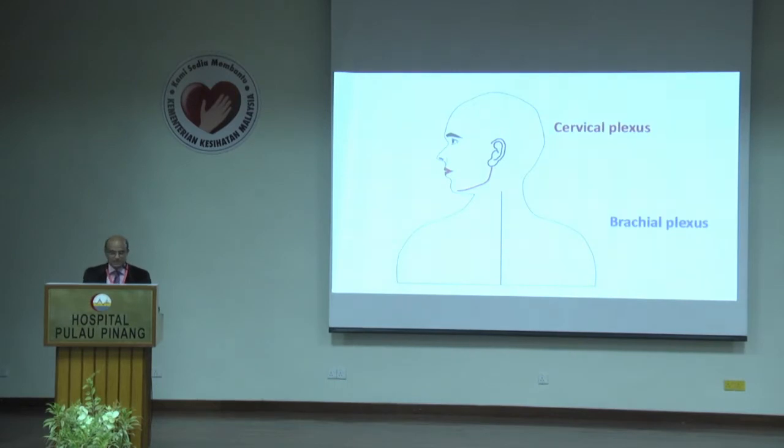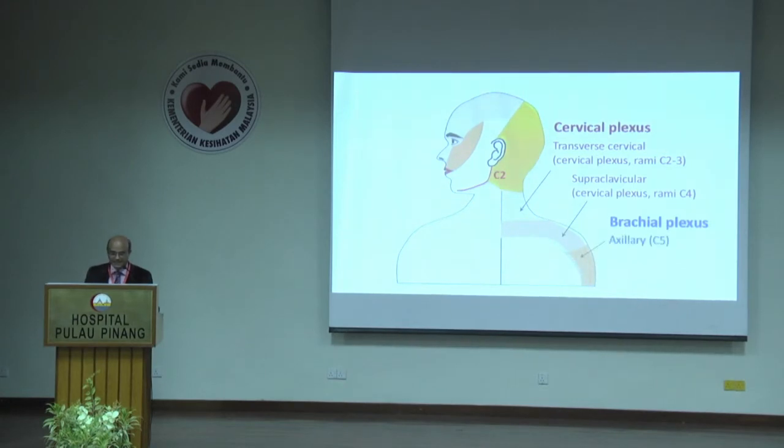Now we have already discussed what the supply of the shoulder joint consists of. But please remember that the shoulder joint has a supply both from the cervical plexus as well as the brachial plexus. The areas supplied by the cervical plexus are basically the transverse cervical rami of C2 to C3, the supraclavicular part, and from the brachial plexus you will have the axillary nerve from C5, and the medial cutaneous nerve of the arm.